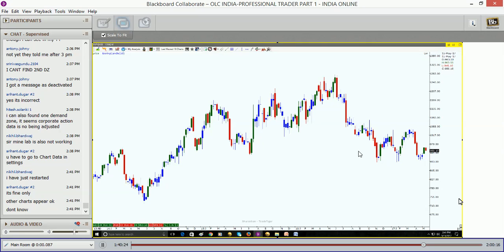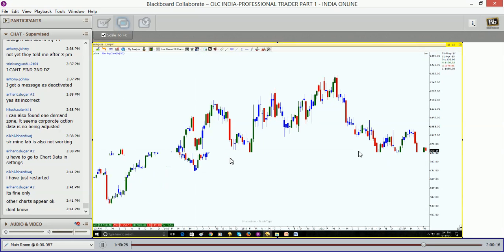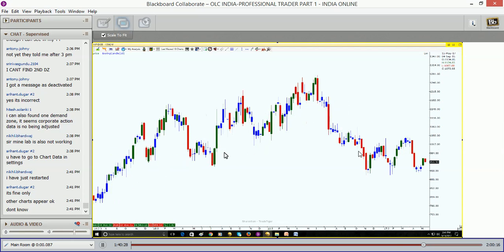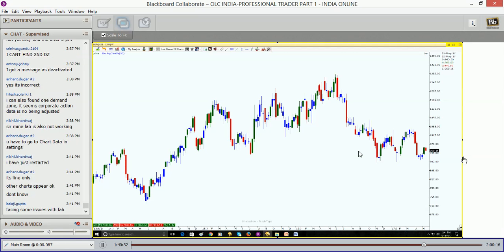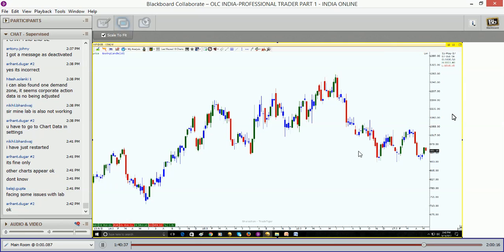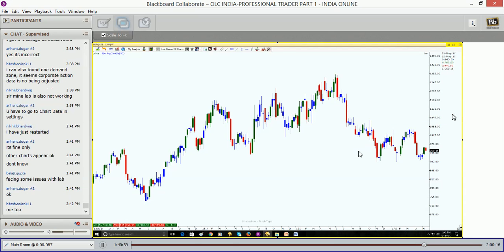Corporate action is not enabled in your chart, I have a feeling. That could be the reason. Again, you'll have to check with IT, Arihant. Yeah? Balaji facing some issues with lab. Hitesh, what is the issue?